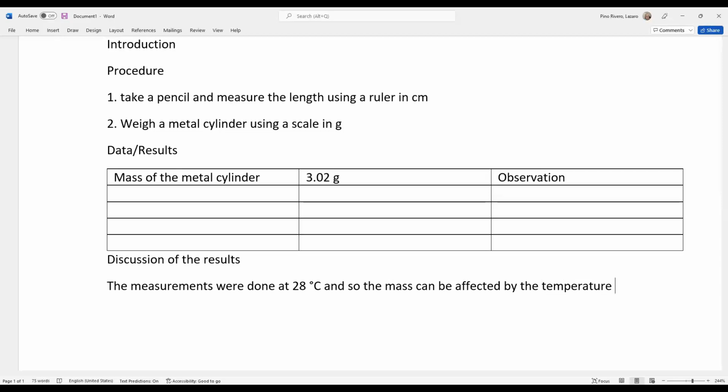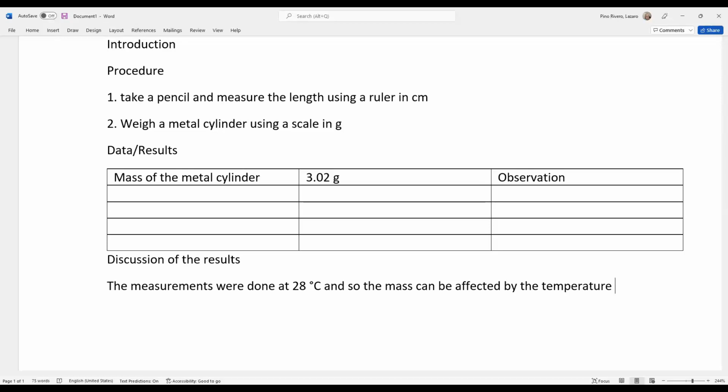This is something that I invented right now. It's a way to tell you that you can speak about what you have done, what you have seen during the video. If you have seen something that was not good, or if everything was fine, you say all the results were done according with the procedure and using the correct instruments.